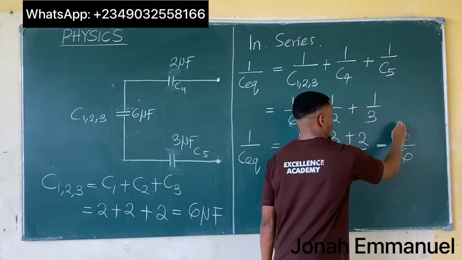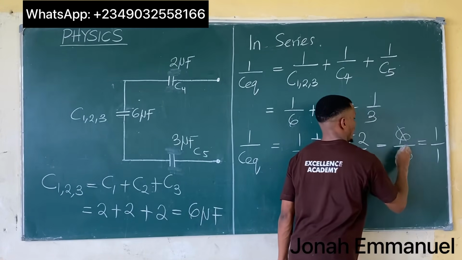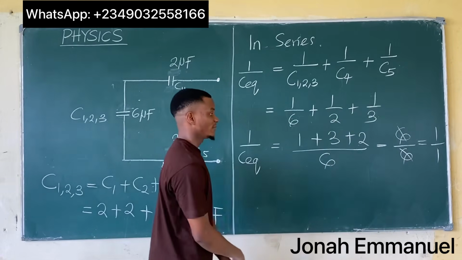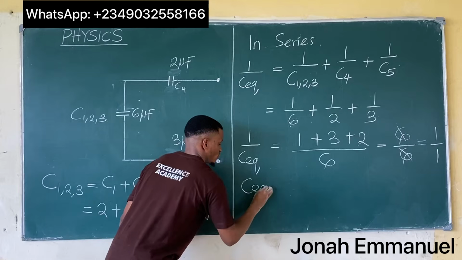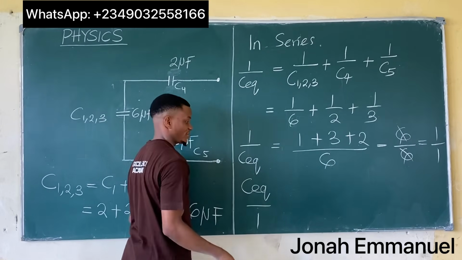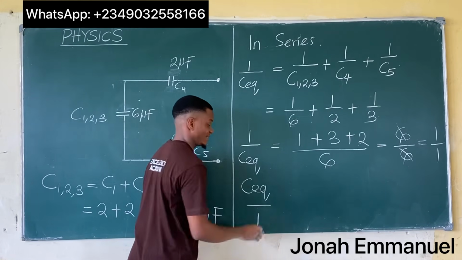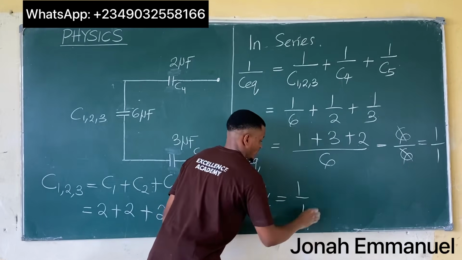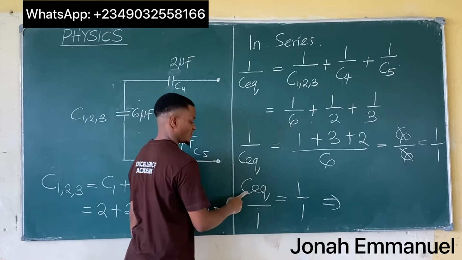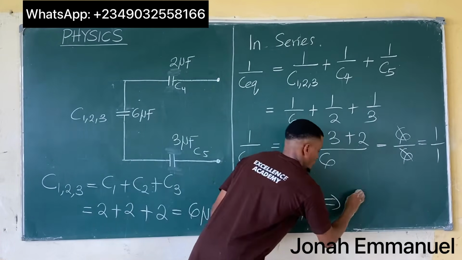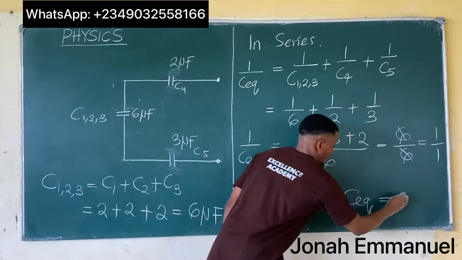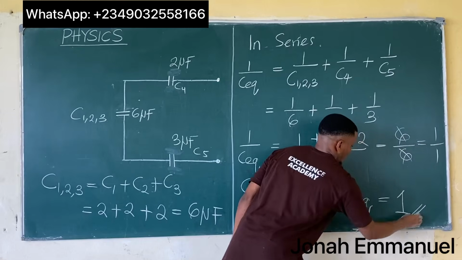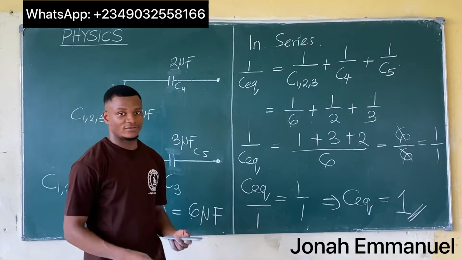So this is equal to 6 over 6, which cancels out to give you 1 over 1. To get CEQ, take the inverse. So the equivalent capacitance is equal to 1 over 1, and that's 1 microfarad. So this is how you solve this.